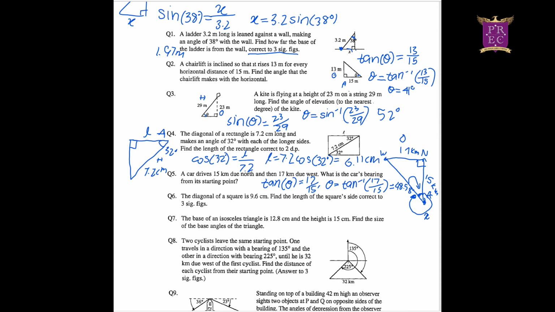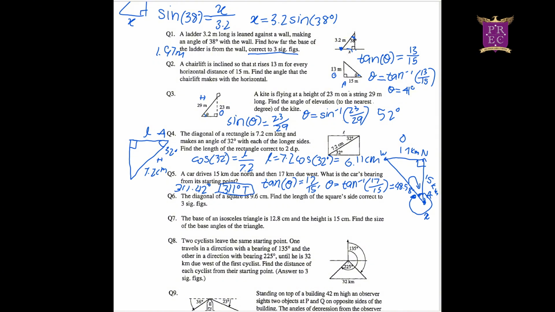Let's put that in the calculator. 360 minus 48.58 gives us 311.42 degrees. Right, but since we need to give it as a bearing, we can only give it in 3 figures, which will be 311 degrees true. And that's our answer.